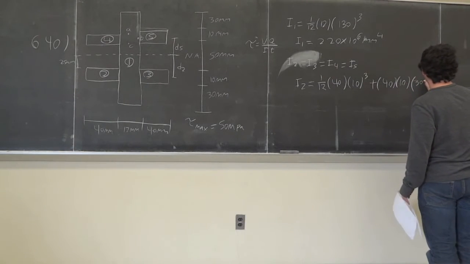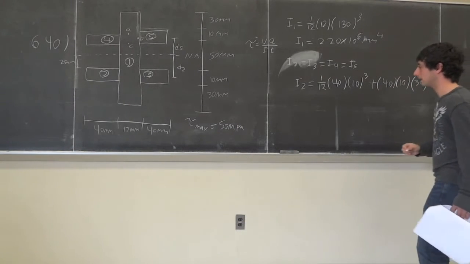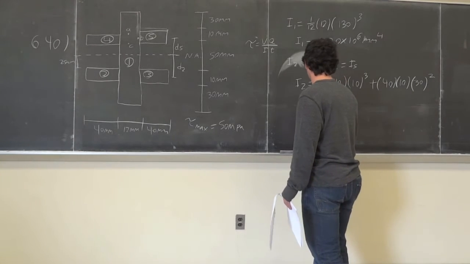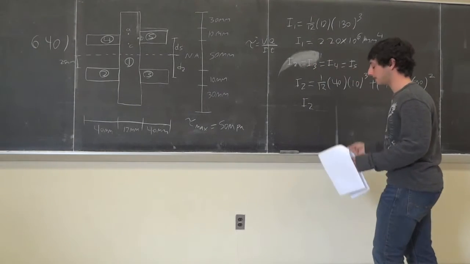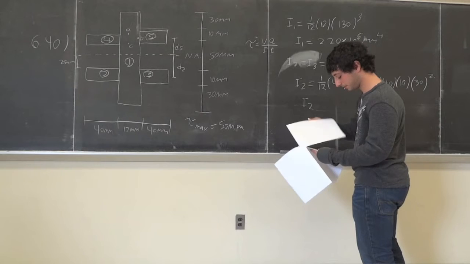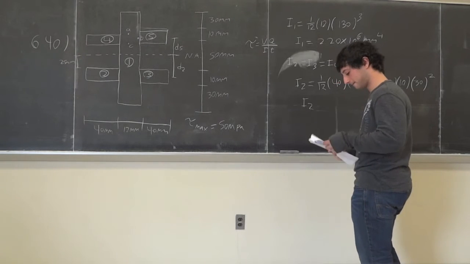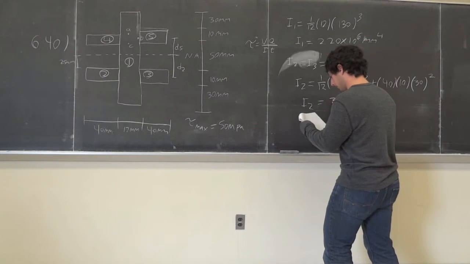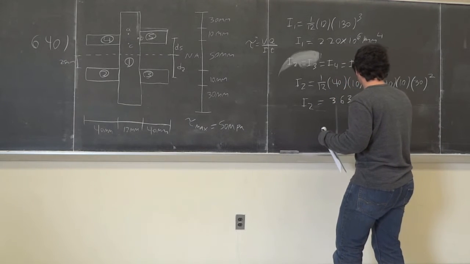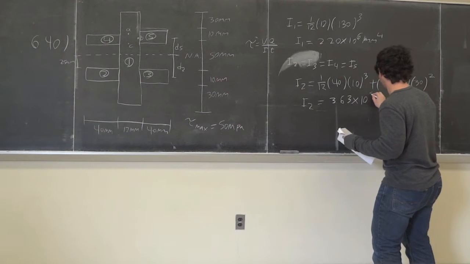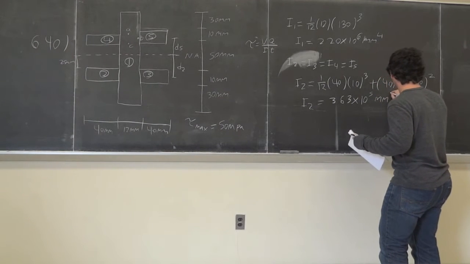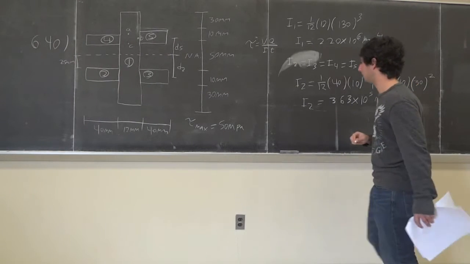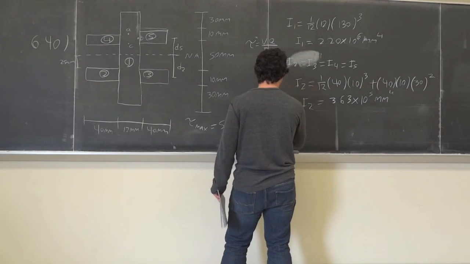So d is 30 millimeters squared. I2, which is equal to I3, I4, and I5, is equal to 3.63 times 10 to the 5th millimeters to the 4th.